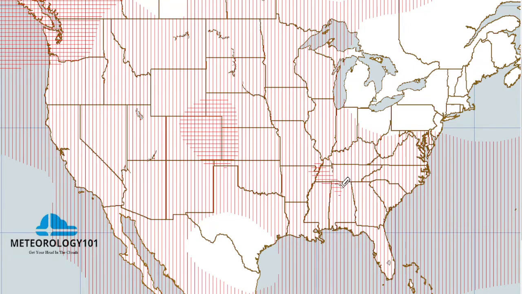So we had the CAPE of about 1,000, so that was pretty significant for giving us some supercells in that area.